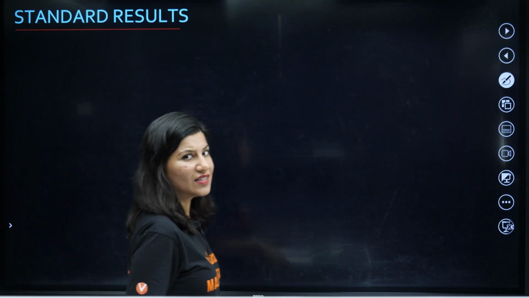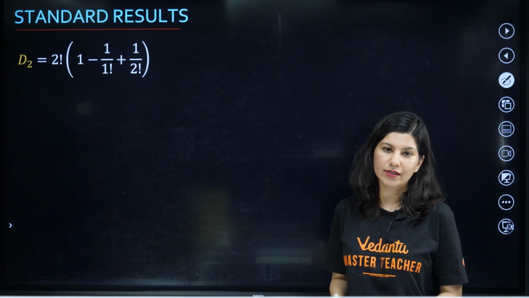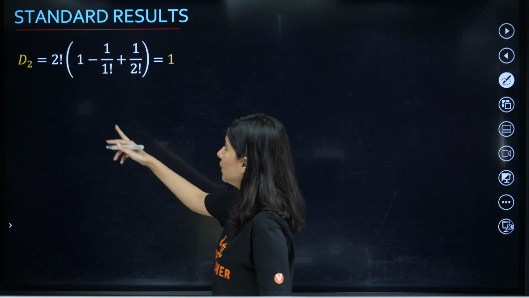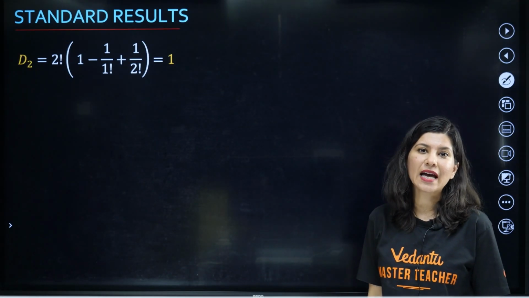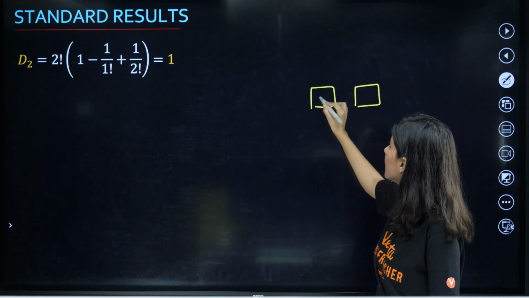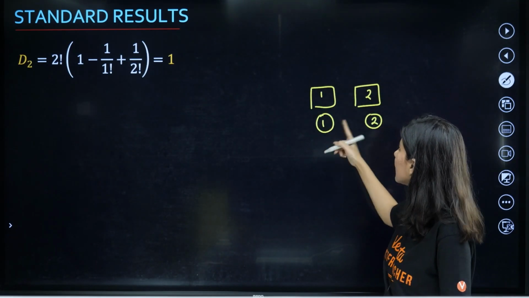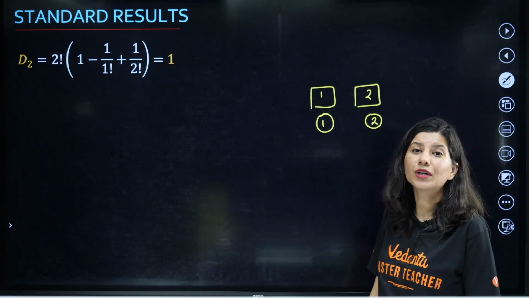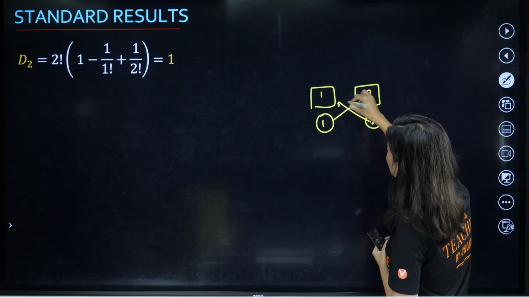Now, D3 is 2. There are some standard results. D2, if you apply the formula, is 1, obviously. Suppose we have 2 things, 1, 2 and 1, 2. These are the positions. You want derangement, so there is only one way: keep this 1 with 2, keep this 2 with 1.